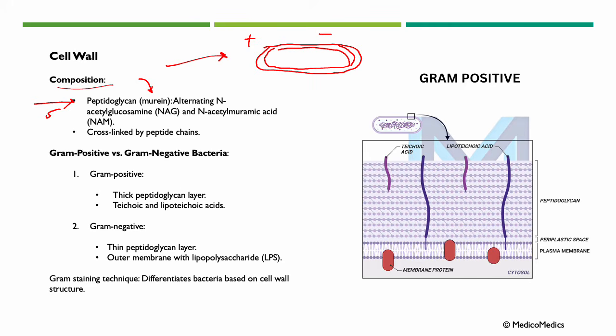Now, these sugars are then linked to short peptide chains. All right? Short peptide chains. And it's these structures that make it both strong and flexible, allowing the cell wall to resist, for example, osmotic pressure, while still being somewhat adaptable.